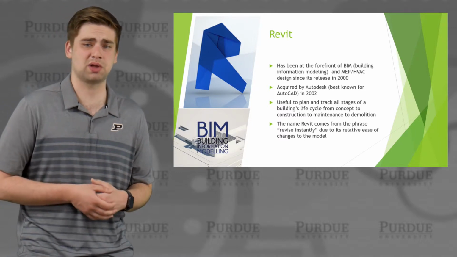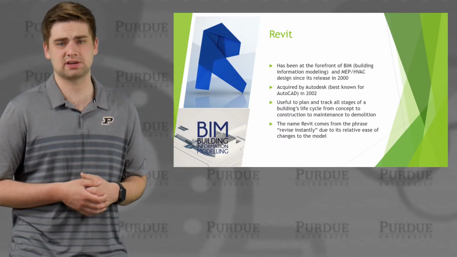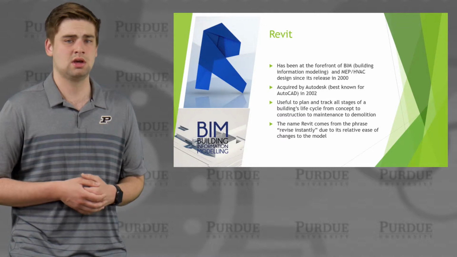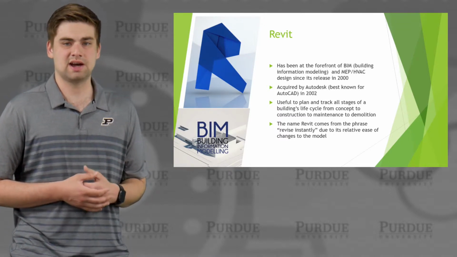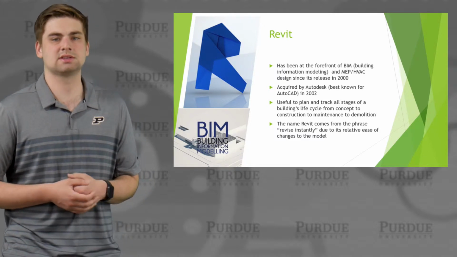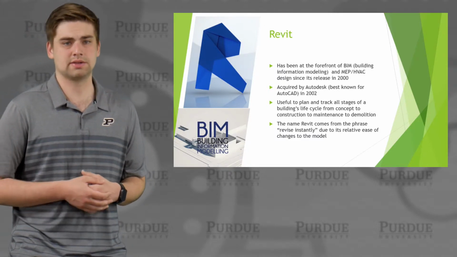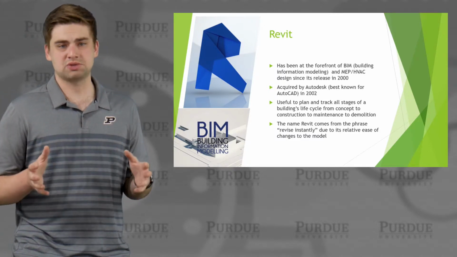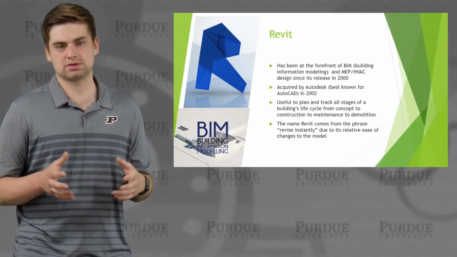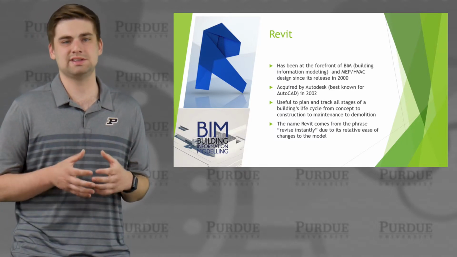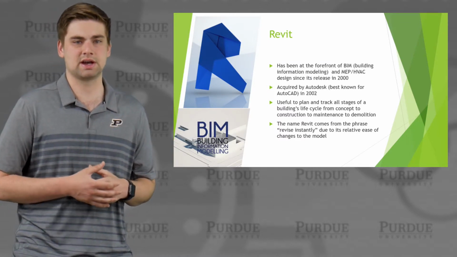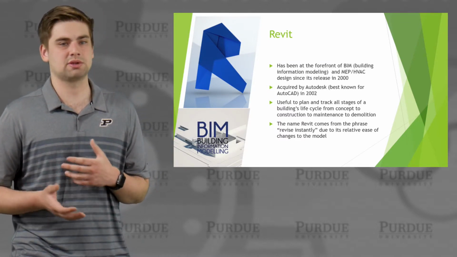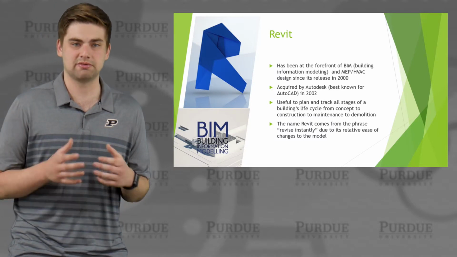And Revit is useful to plan and track all stages of a building's life cycle, from concept to construction, to maintenance to demolition. The name Revit comes from the phrase "revise instantly" due to its relative ease of changes to the model. This was a game changer for the industry because it was so easy to make changes, especially with design adjustments that needed to happen very quickly.